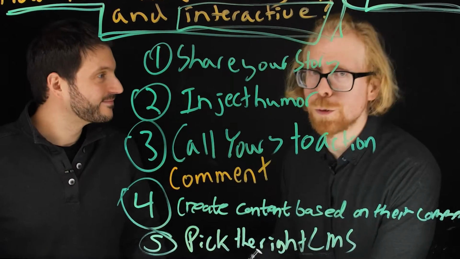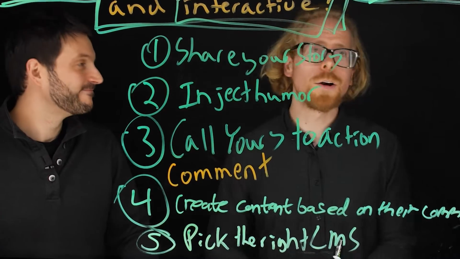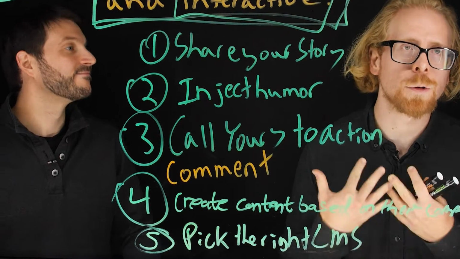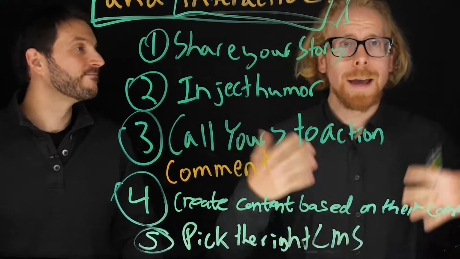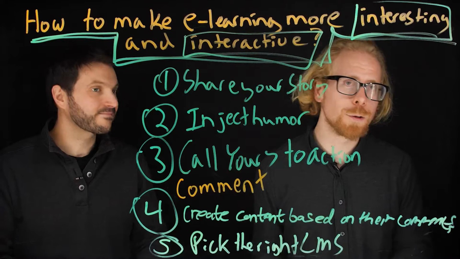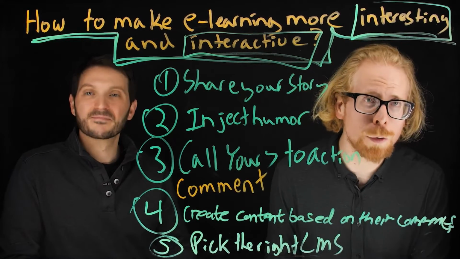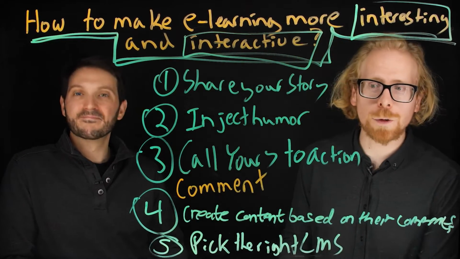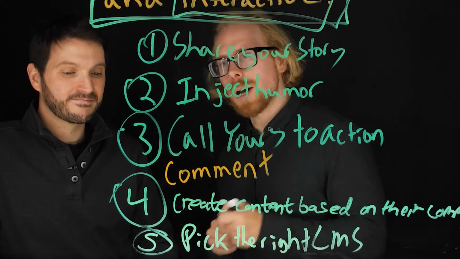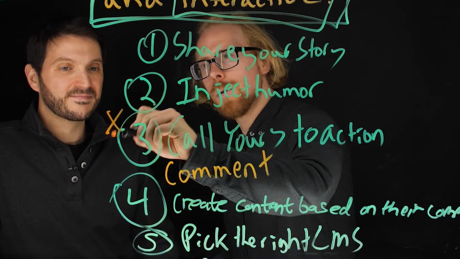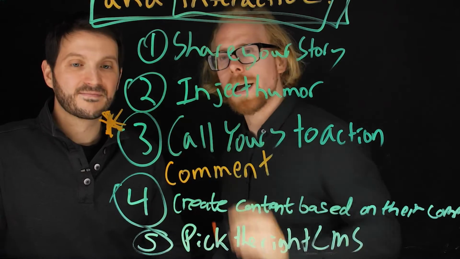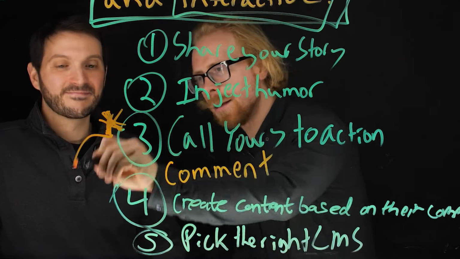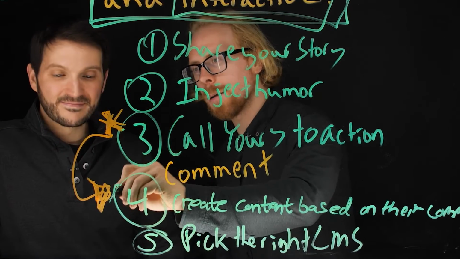Are you building an internal program to train your employees? Or are you building a program to sell to your learners, to sell as a product? And guess what? We have 2 options for you to consider within each of those. Just pick the one that fits best for you. And guess what? All those options are going to allow you to call your learners to action, to comment, so then you can make your program better.